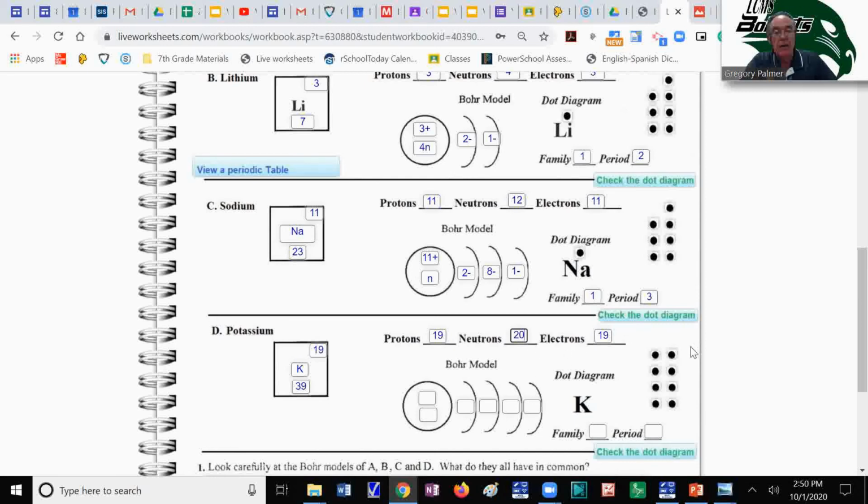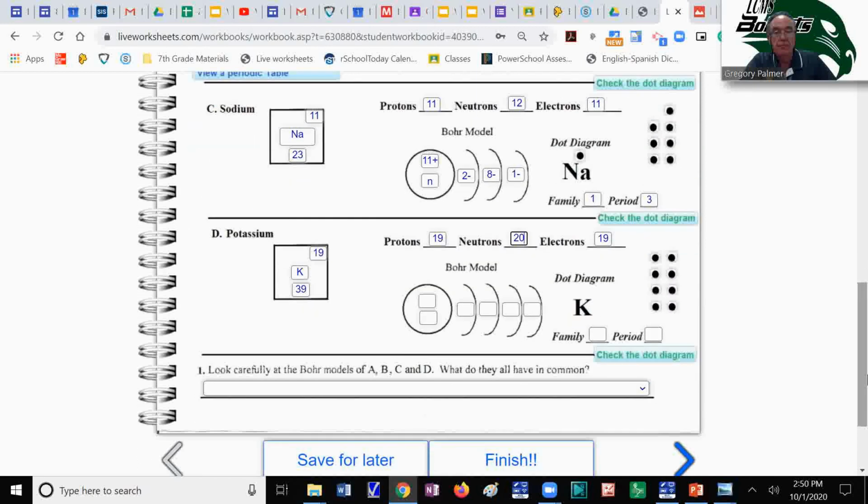Now we have all the parts of this atom together, so we can fill out our nucleus. We know in the nucleus go protons and neutrons. So we're going to put the 19 plus, and we're going to put the 20, and we know that 2 electrons can go on the first energy level, and we already discovered that 8 can go on the second energy level.